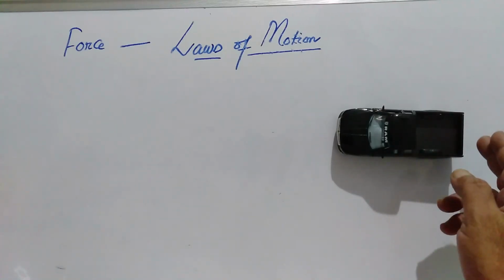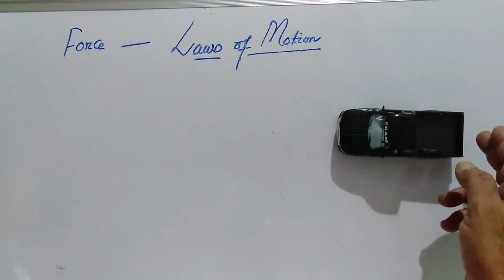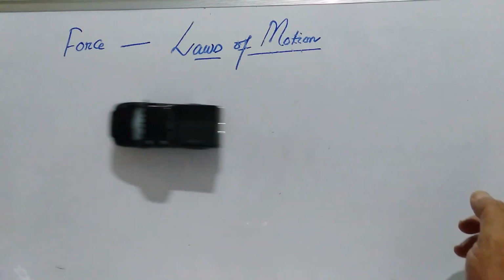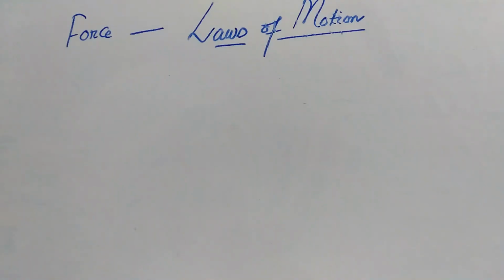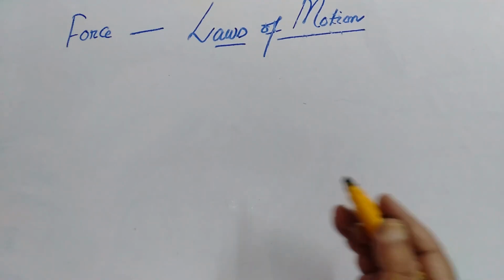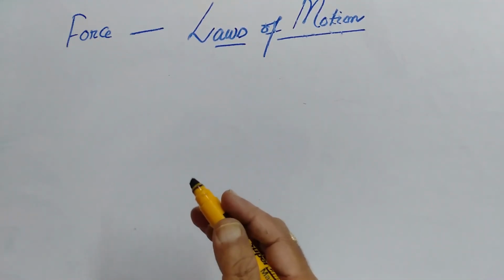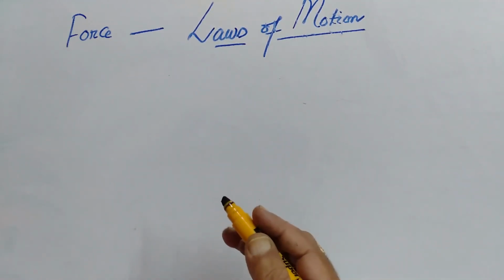Now let's see what happens to the motion of a car when it is pushed. You have seen that it has gone a certain distance and thereafter it comes to rest. So in the demonstration you have seen that after pushing, the car moved a certain distance and came to rest.